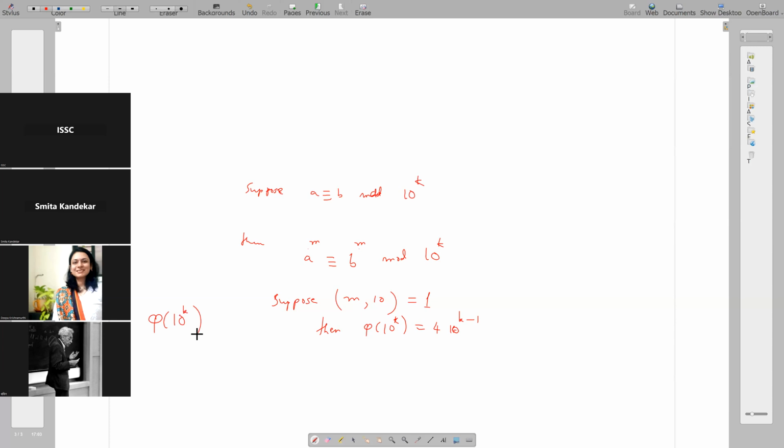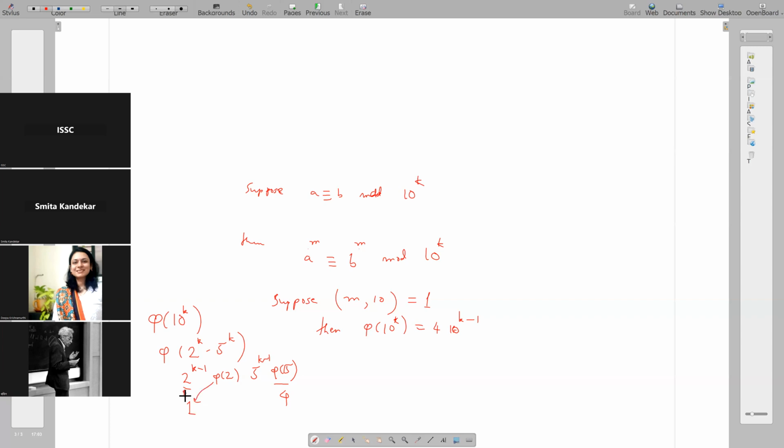Phi of 10 raised to k is, at least we can say, phi of 2 raised to k times phi of 5 raised to k. So now this is 2 raised to k minus 1 into phi of 2, and 5 raised to k minus 1 into phi of 5, which is 4. Phi of 2 is 1.